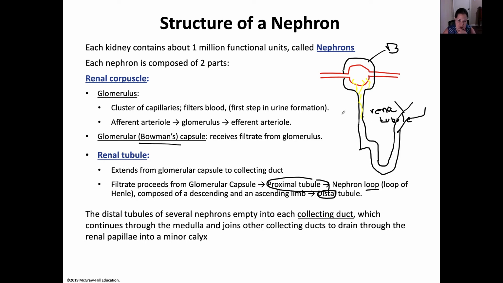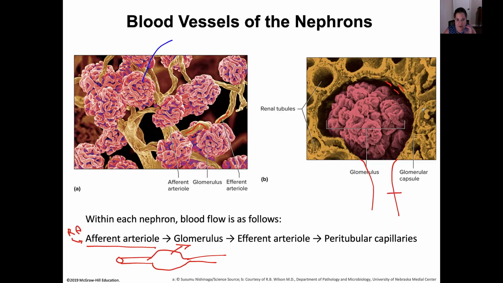The proximal is close, then the loop looks like a loop, and the distal is the one that is far away from that capsule. And again, all we're doing is sending this yellow filtrate all the way that way.